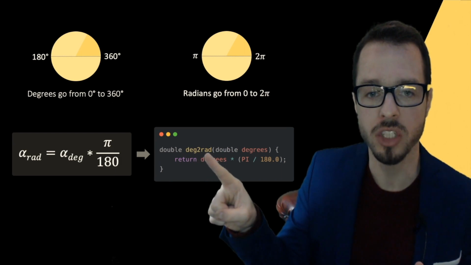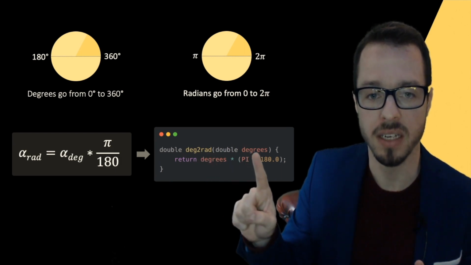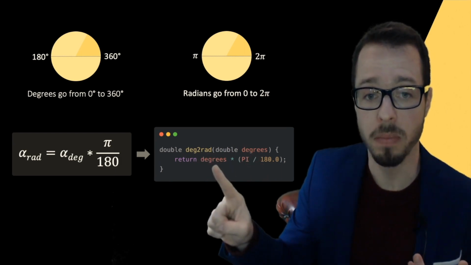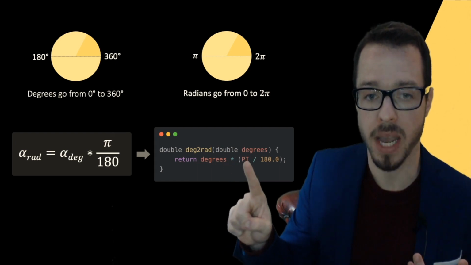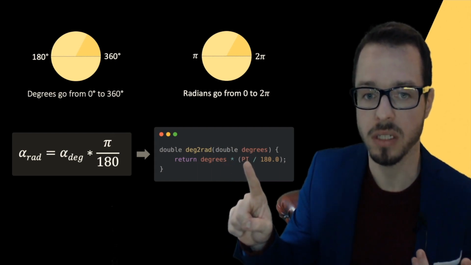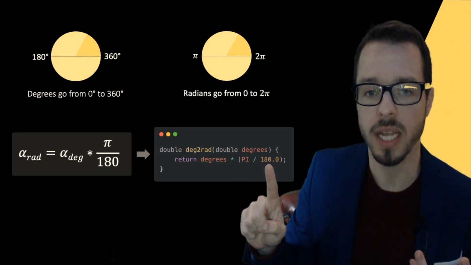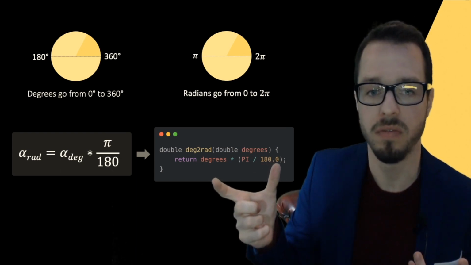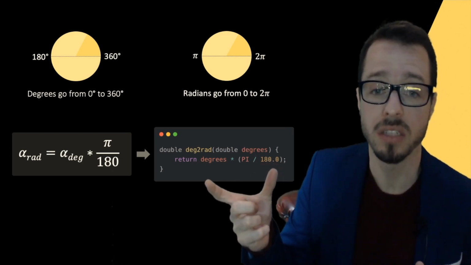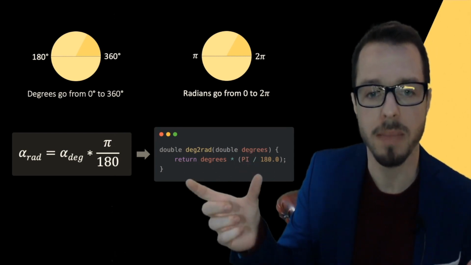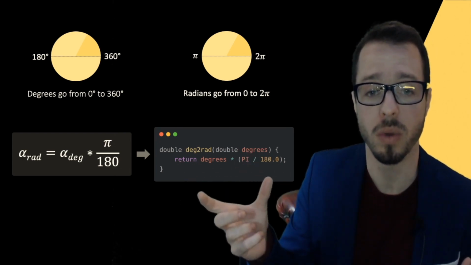So degrees to radians: I receive degrees as a parameter, and I multiply that parameter by my constant pi, 3.14159, divided by 180. Simple function. We might actually write this function and use it later. We can write it manually and have it in our source code repository.